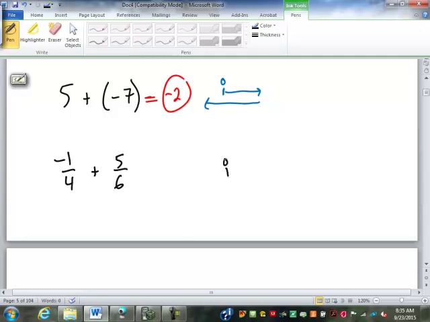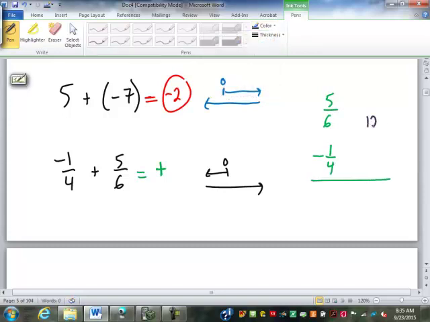So we're starting at 0 here. -1/4 goes this way. +5/6 goes the other way, and it's longer. So it's going to put us on the positive side. So our answer here is going to be positive. But since they're going opposite directions, it's going to be the difference between 1/4 and 5/6. So I'm going to have to do 5/6 minus 1/4.